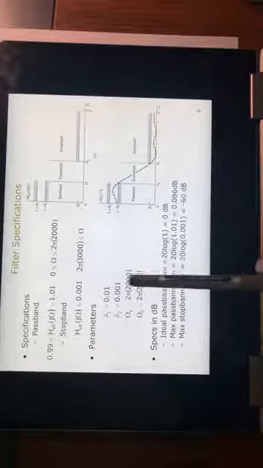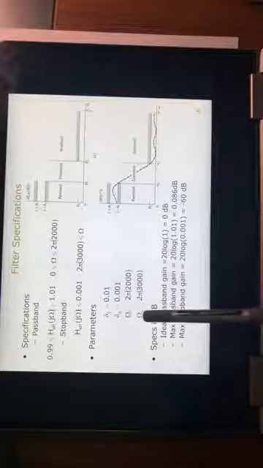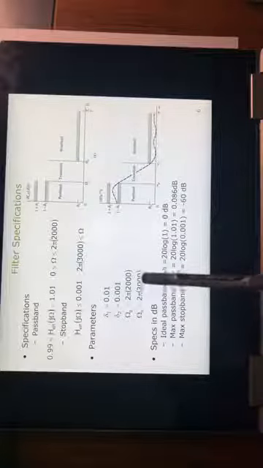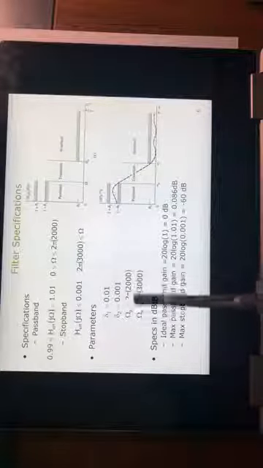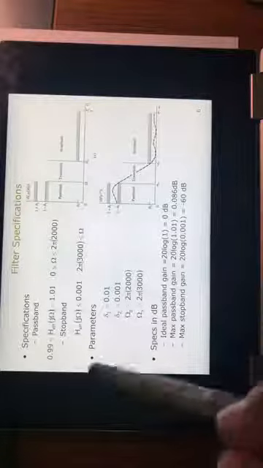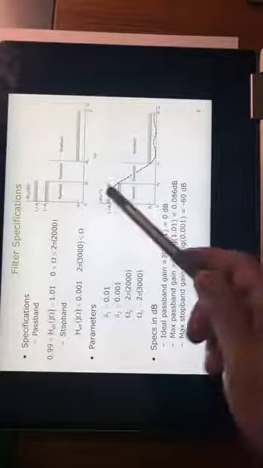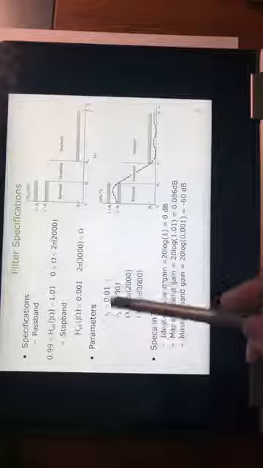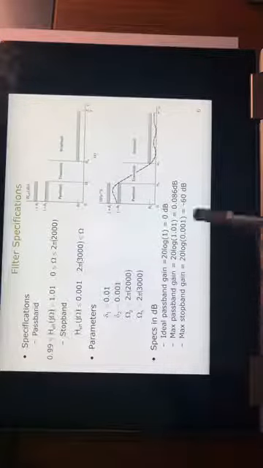And the frequencies, this is the omega pass and omega stop, 2 pi 2000, it is 2 kilohertz and 3 kilohertz. So you're giving 1 kilohertz of margin for the frequency response to drop down to 0.001. And as I mentioned, you convert them onto the dB scale.